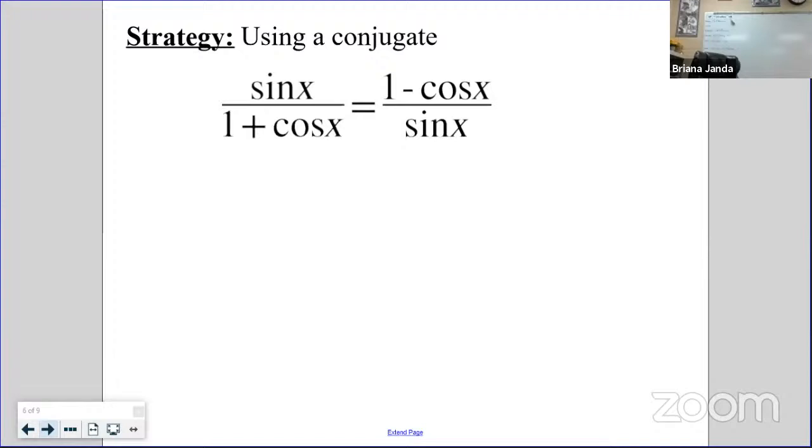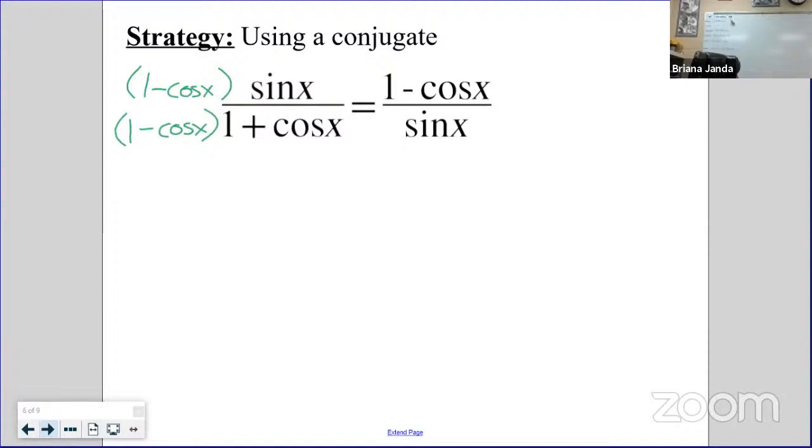If it's 1 plus or minus cosine, 1 plus or minus sine, I might consider this strategy of conjugate. If it's secant or cosecant, tangent or cotangent, we'll look at another option in another slide. But I can work with the left-hand side here and use the conjugate. Now, in order to keep this fraction equal, I have to do that to my numerator and denominator.